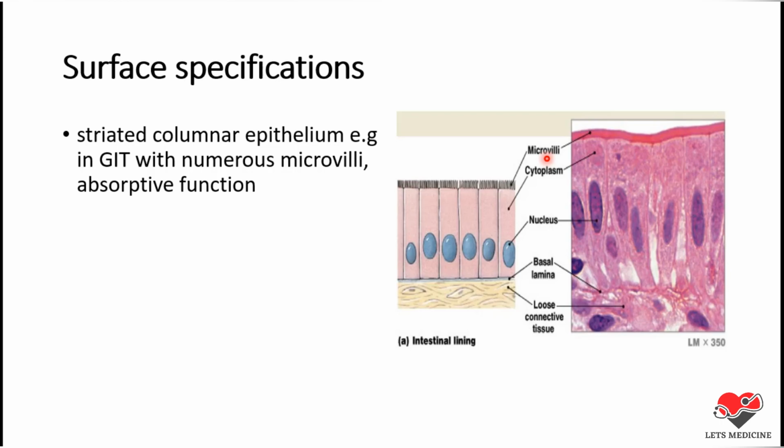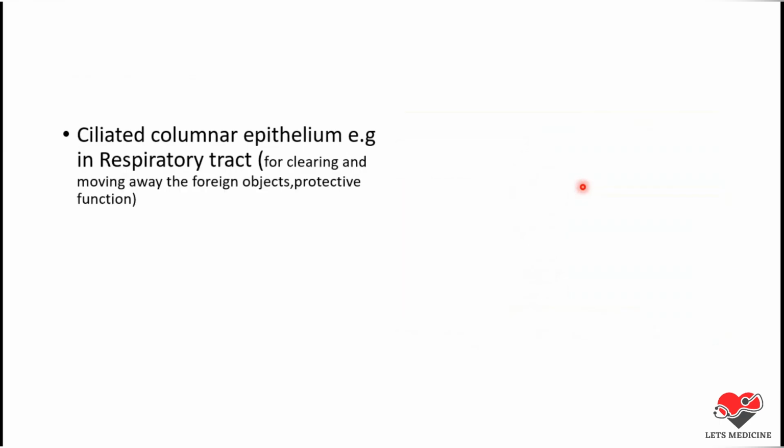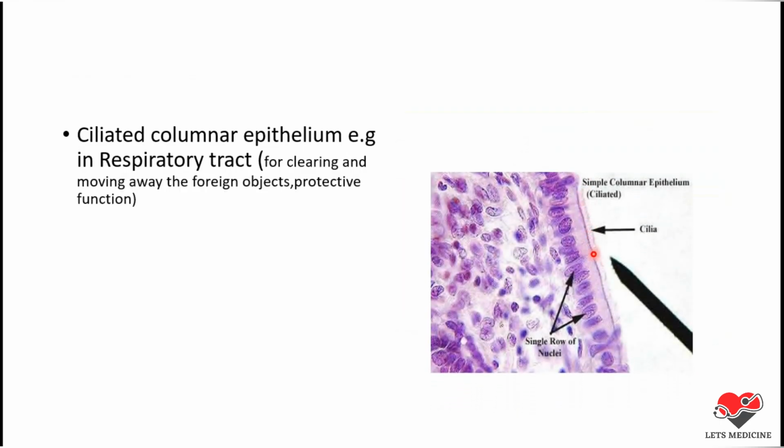You need a specialized electron microscope to visualize these microvilli. Okay, so whenever you see a structure like cilia or microvilli in the light microscope, this will always be the cilia. You cannot appreciate the microvilli in a light microscope.